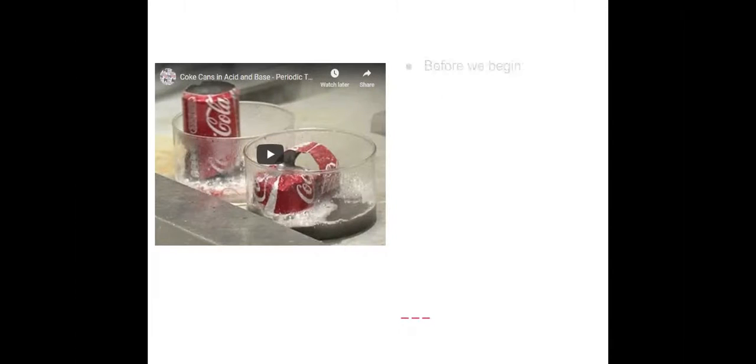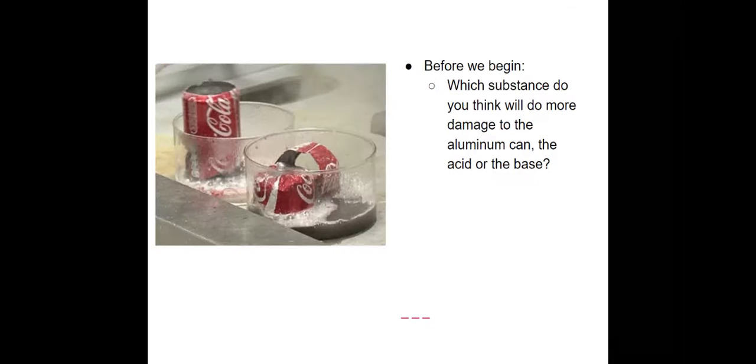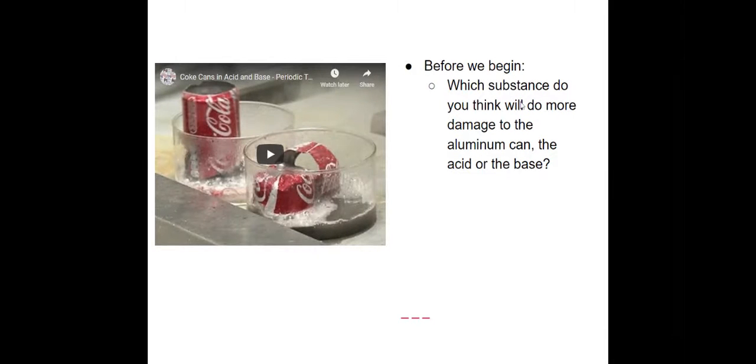So first, we're going to watch this video. Before we get started, we're going to watch this quick video here. And we're going to think about the question, before we start, which substance do you think will be more damaging to the aluminum Coke can, the acid or the base? So take about 2 minutes and think about that.